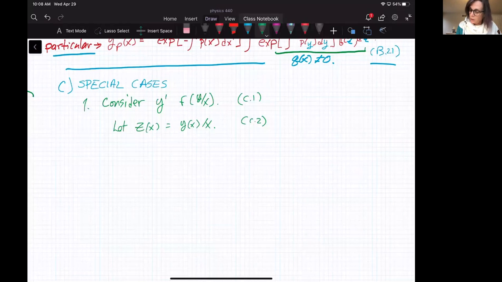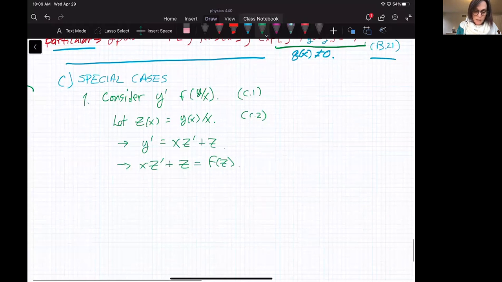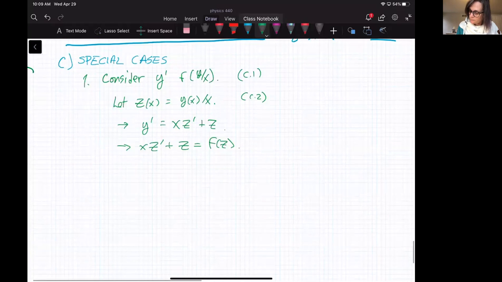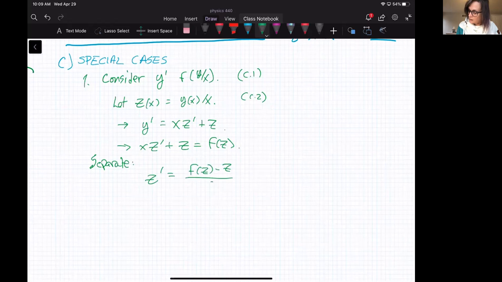From this, we can write that y prime is equal to x times z prime plus z. And from that, we can get x z prime, just rewriting a little bit, plus z is equal to f of z. And then we can separate, so that z prime is equal to f of z minus z over x.